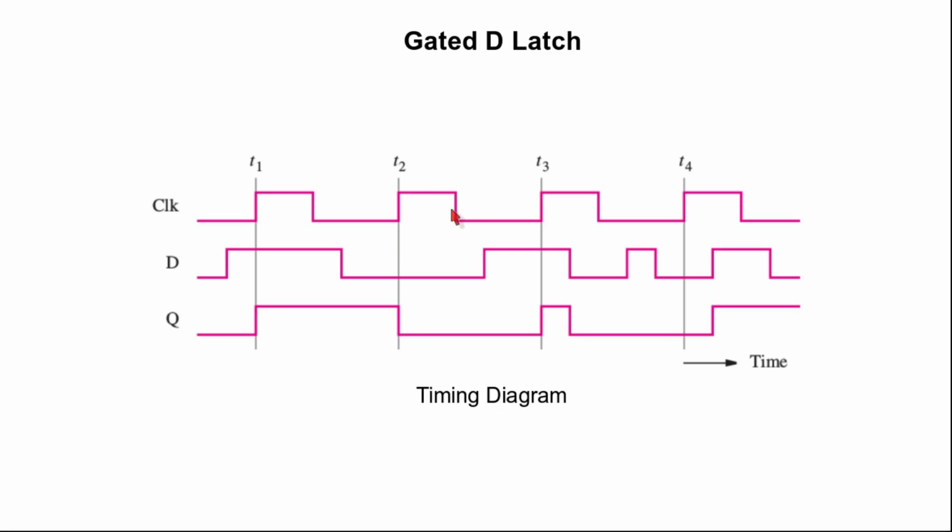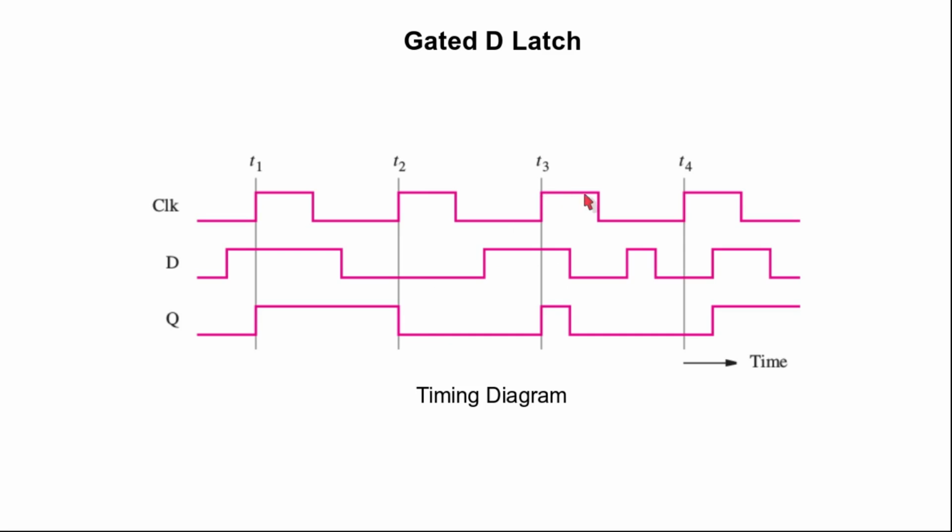For this duration the D does not change anymore, so there is no further change in Q, and then after this point the clock changes to 0 and remains 0 up to T3. So even if D changes, there won't be any change in the Q. At T3 clock is changing to 1, and at that point D input is 1, so Q is changing to 1.